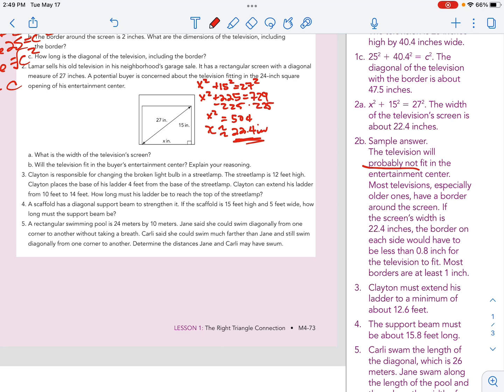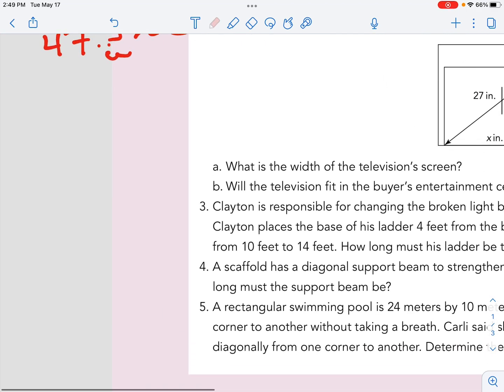Okay, so this next one says Clayton is responsible for changing the broken light bulb in a street lamp. The street lamp is 12 feet high. So I'm going to draw a picture. I have a street lamp that's 12 feet high.